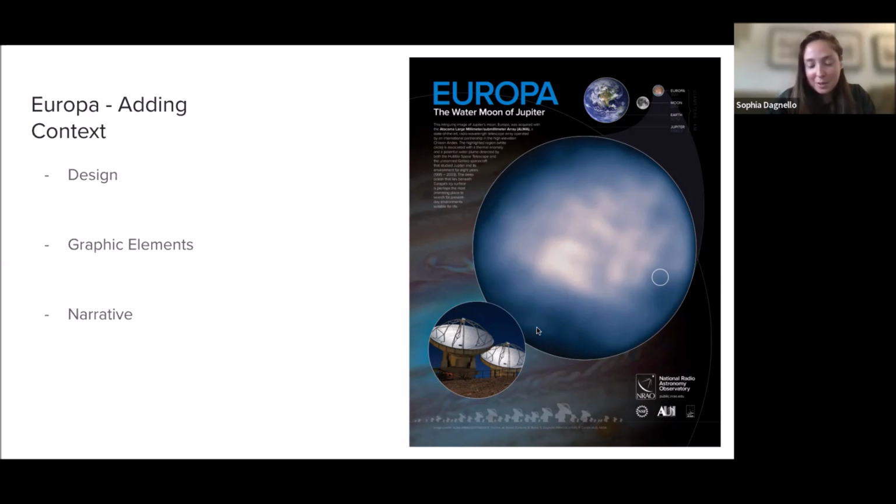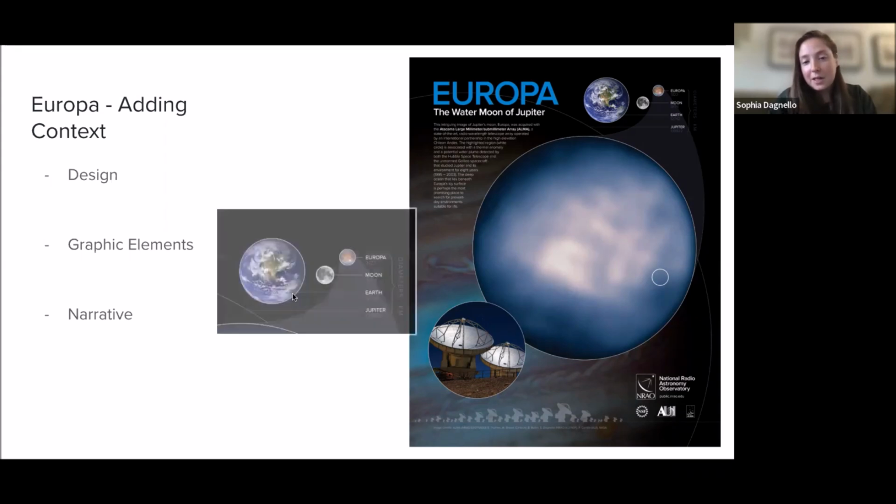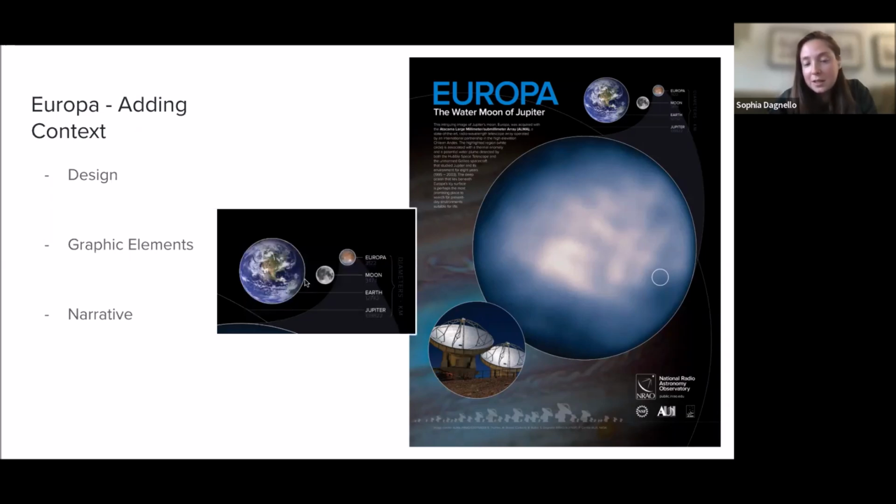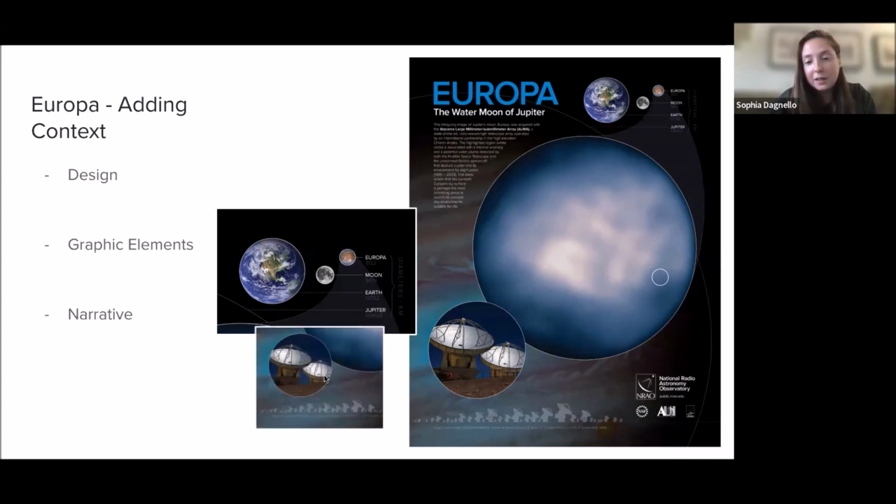So we took the final image and we added design context, graphic elements, and then obviously the narrative. Adding something like the scaling to this is very important to provide more information to the public about what this is. Obviously, we also added in the background as well, Jupiter, and then we utilized some of the imagery of the telescopes that were used, ALMA was used to take this image.